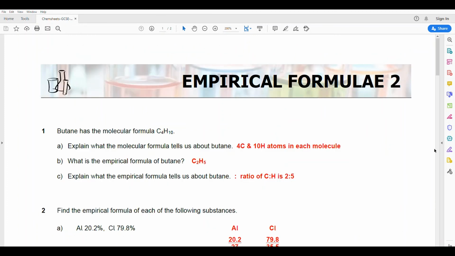And here are the answers for Empirical Formula 2.